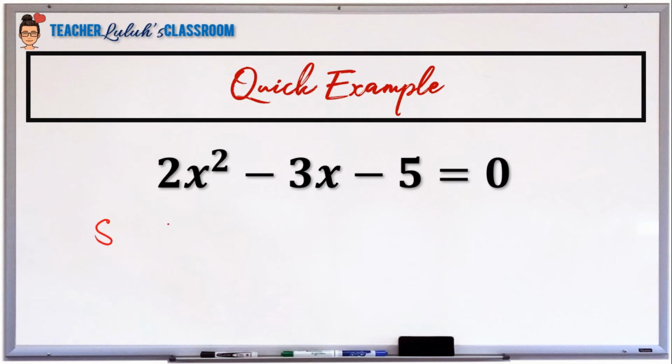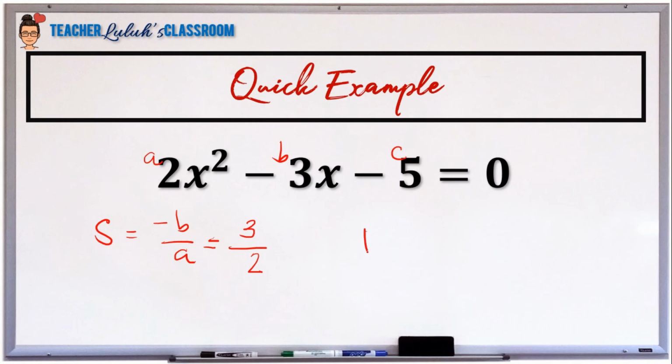The sum of the roots will become, so that's negative b over a. a, b, c. So that is negative b, again change the sign, so that's negative 3, change sign, so that's positive 3 over a, which is 2.